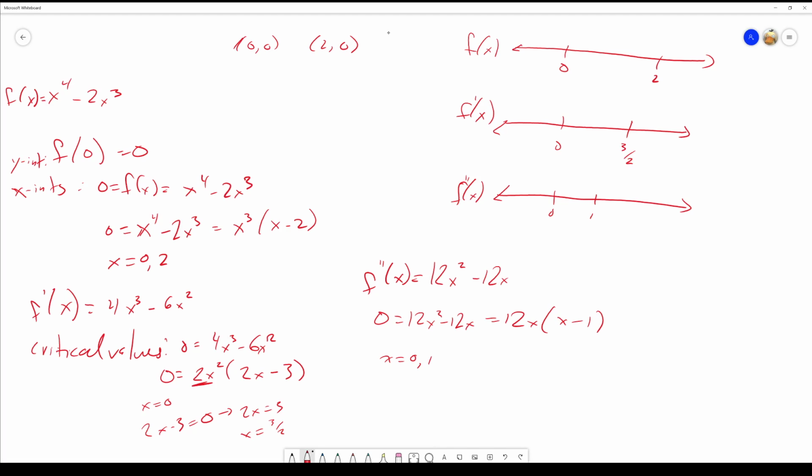Let's write some stuff. So f of x was x cubed times (x minus 2). f prime of x was 2x squared times (2x minus 3). And f double prime was 12x times (x minus 1). So that's what that is.